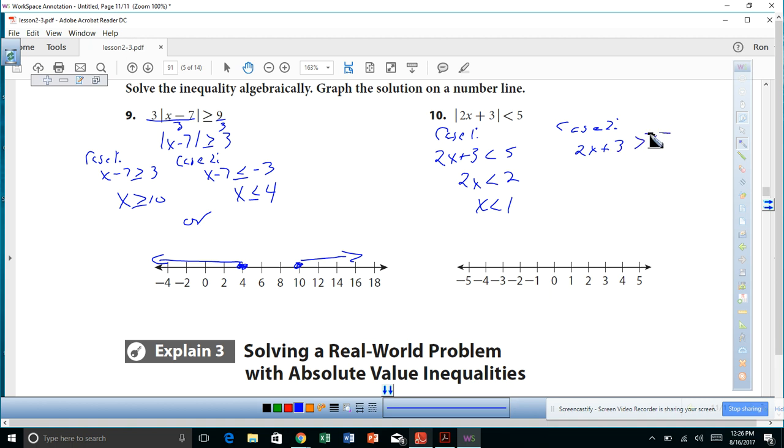This is -5. So we're going to subtract 3 from both sides, and we got 2x is greater than -8. And then we divide both sides by 2, we got x is greater than -4. So let's find -4 here and 1, and it's between those two. And this is an AND. And you can rewrite this: -4 is less than x is less than 1.